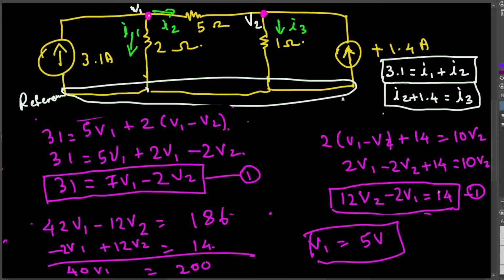Now the next thing is we can substitute in the simplest form and solve for v2. Here the simplest formula I can use is this one, because this is only 2v2. So let's use that.